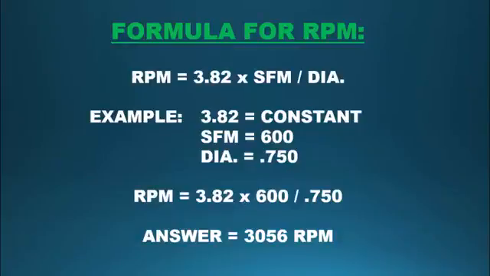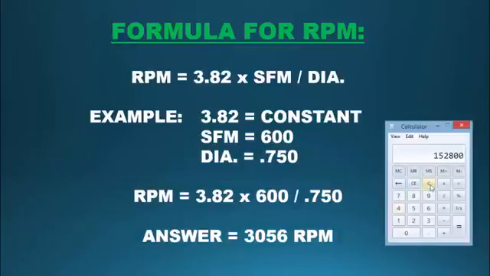If we plug those numbers into the calculator, 3.82 multiplied times 600 and then divided by 0.750 diameter, we get an RPM of 3056. So that's a simple one.